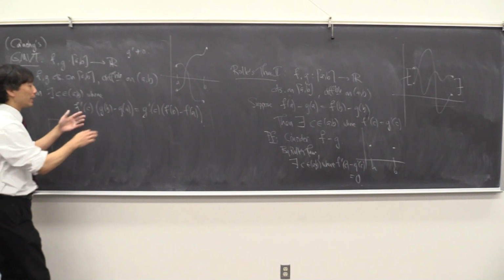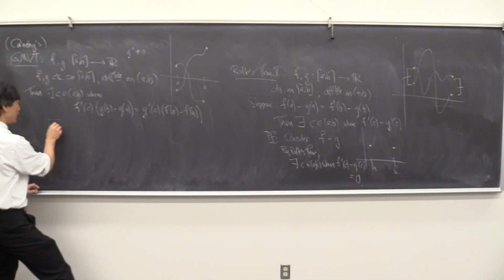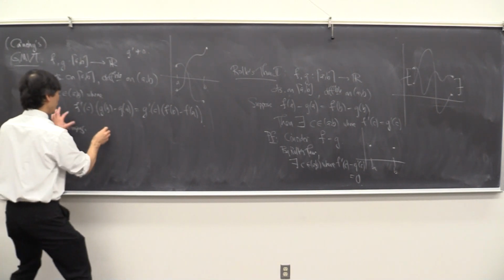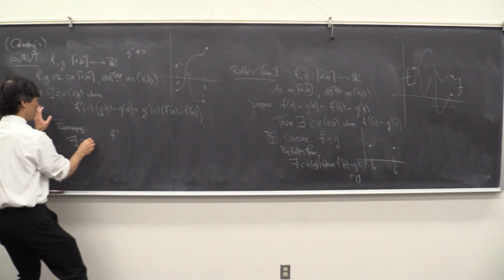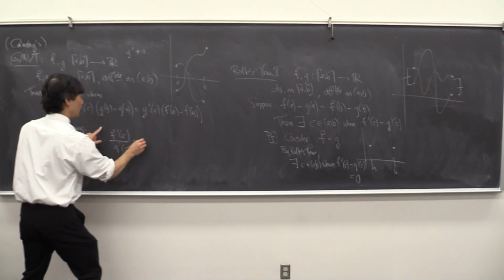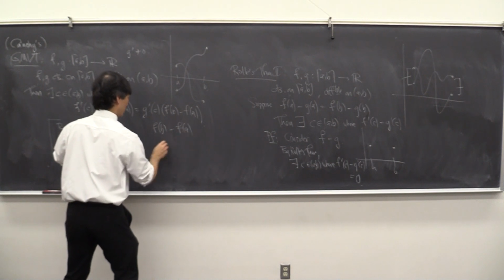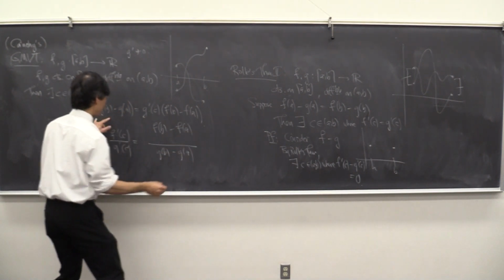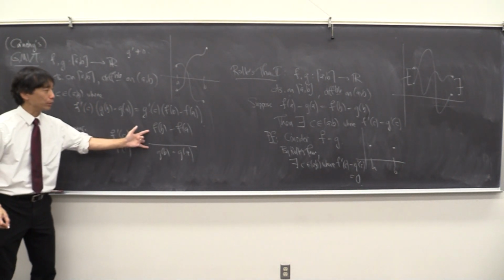In that case, I can rearrange, and you see that there's a magic c where this thing equals this thing, the ratio of the velocities equals the ratio of the differences.